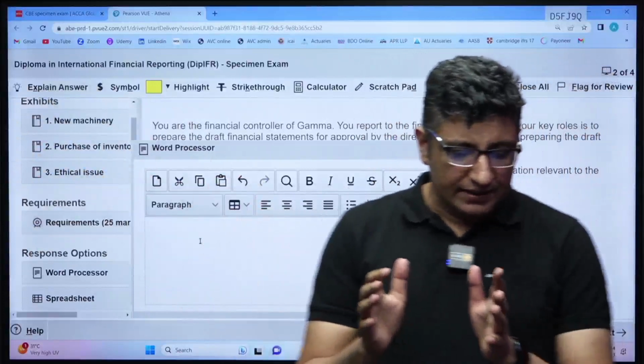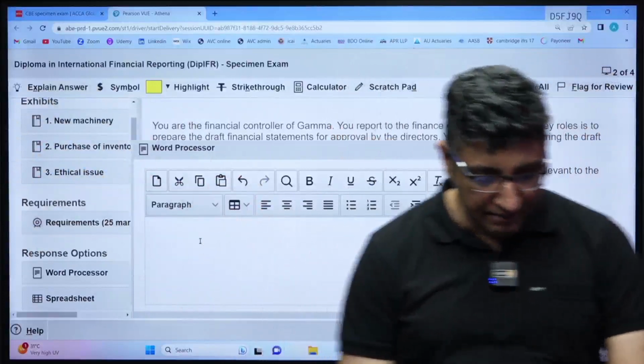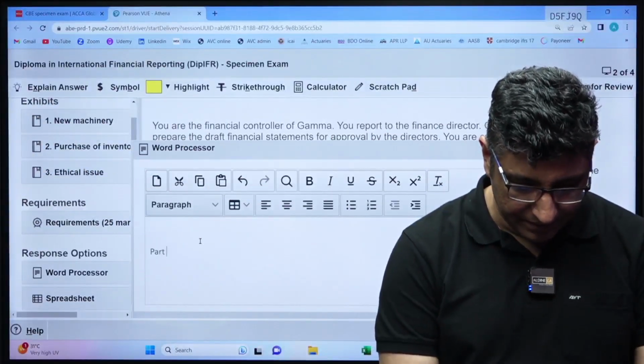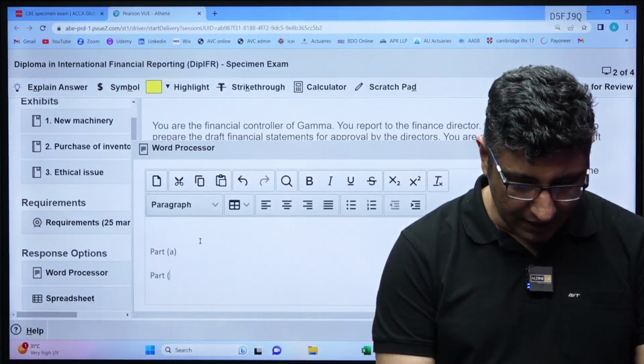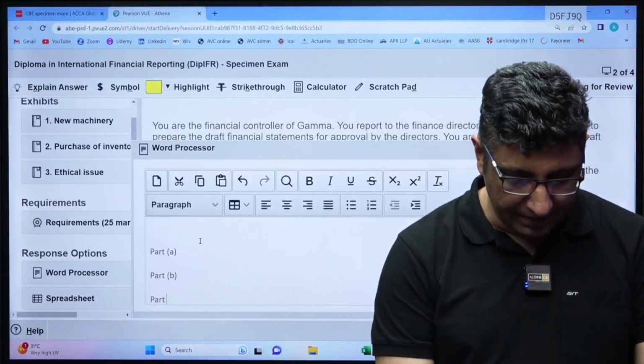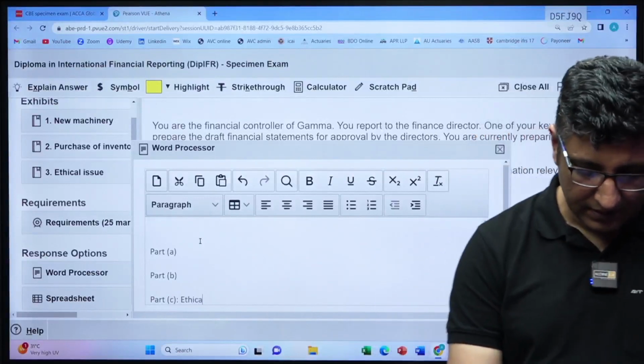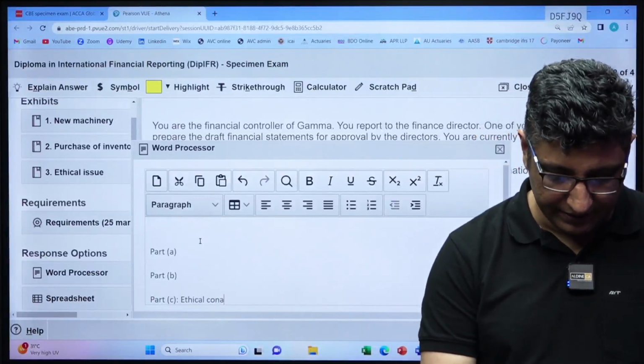Now, the other thing that you want to remember, that I may have my part A covered here, part B covered here, and then part C, which is my ethical consideration, covered here.